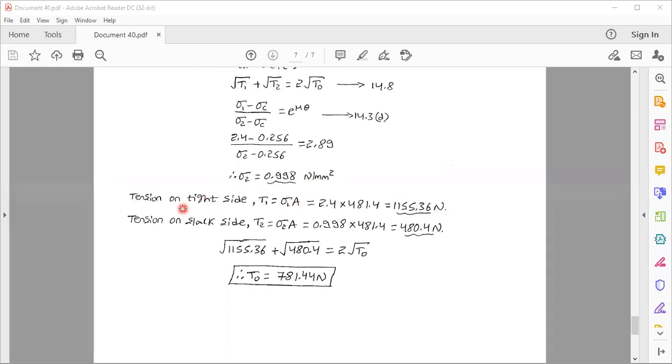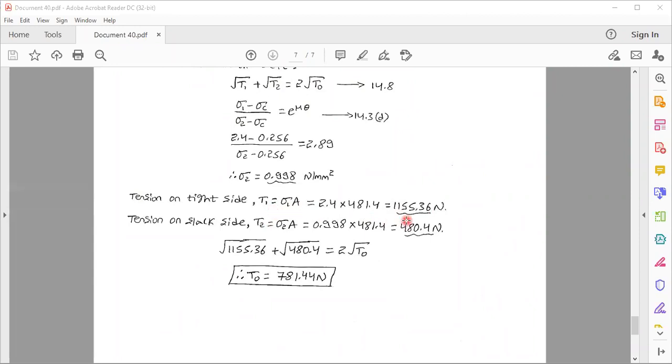And tension in the tight side, T1 is equal to sigma 1 into A. Sigma 1 is given, area you have calculated, the cross-sectional area of the belt. Substitute the values, and you will get the tension in the tight side. The unit of stress is Newton per mm square, whereas area is mm square. Mm square will get cancelled, remaining is Newton.